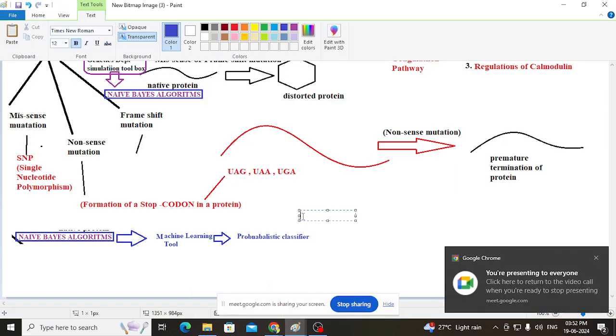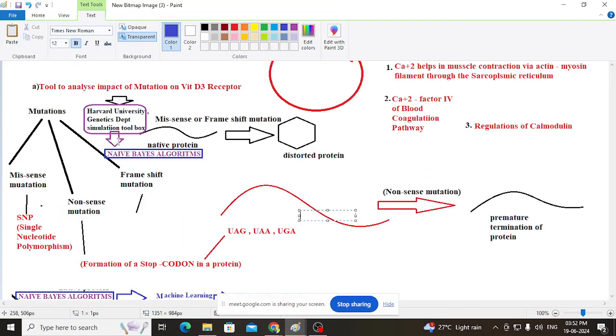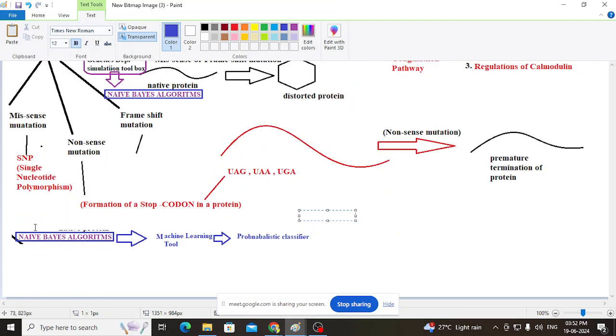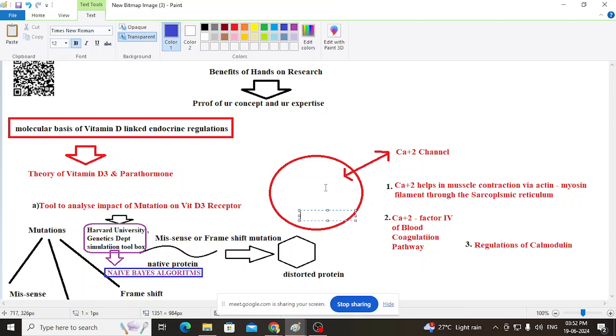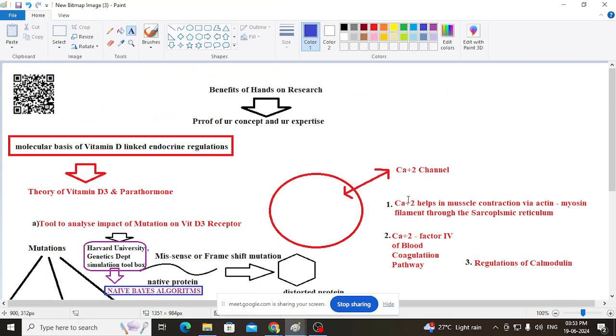We are doing a study to analyze the impact of three different types of mutations on a particular sequence, which is vitamin D3 receptor. At first we tried to identify the receptor protein sequence from NCBI.